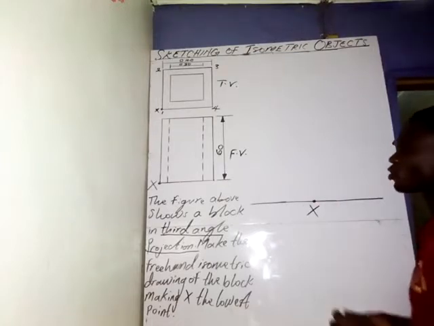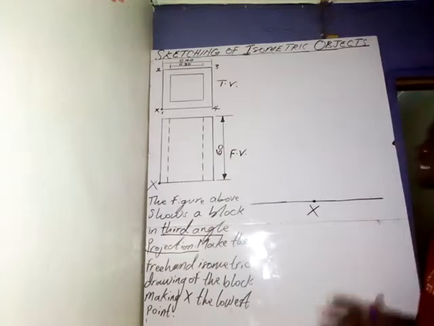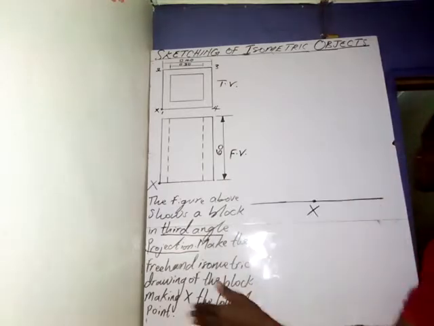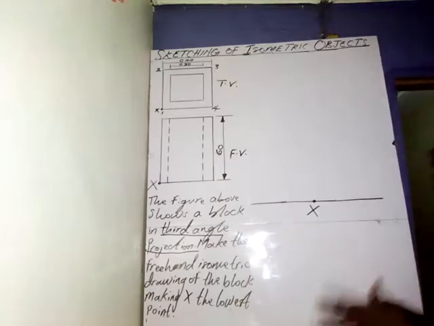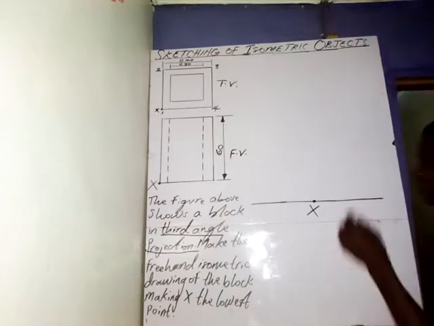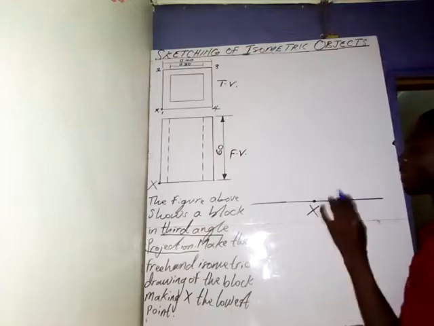The next thing that we are going to do, as we know that isometric objects are always inclined at 30 degrees, is to draw two receding lines. The left receding line and the right receding line are inclined at 30 degrees. So you take your protractor, place it at this point, and read 30 degrees to the left and also 30 degrees to the right.